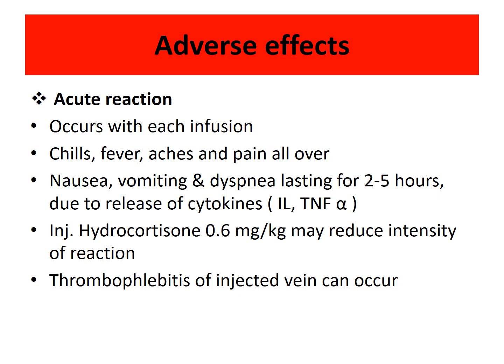Some experience nausea, vomiting, and dyspnea, which will last for 2 to 5 hours. This is due to the release of cytokines, that is interleukin and tumor necrosis factor alpha. To prevent such a reaction, we usually give a prior injection of hydrocortisone, a steroid, to reduce the intensity of the reaction. Thrombophlebitis of the injected vein may also occur and is a common side effect noticed among these patients.